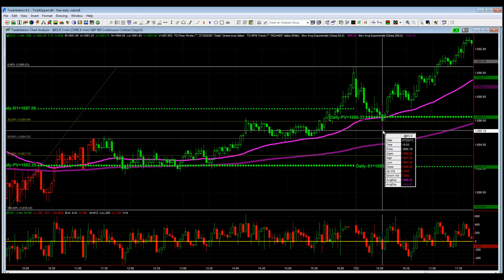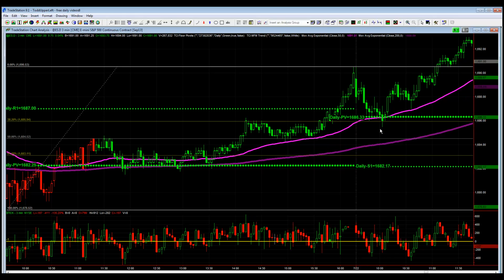That was 1685.25, so you're not risking much. Let me mark that up for you. The buy was right there. That was your buy. Your ISL, which stands for initial stop loss, is below the prior bar's low. A beautiful trade setup right there.